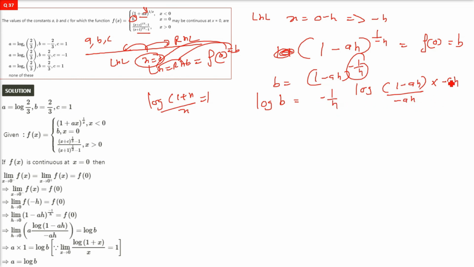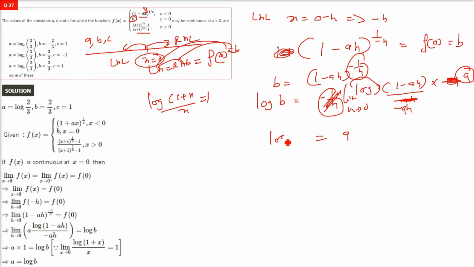So this negative h was already there, and you just have to introduce an a in the numerator and in the denominator. Log(1 + x)/x, as I just told you, is going to be equal to 1. So when you apply the limit it goes inside the log, and this is simply 1, and only a will remain.